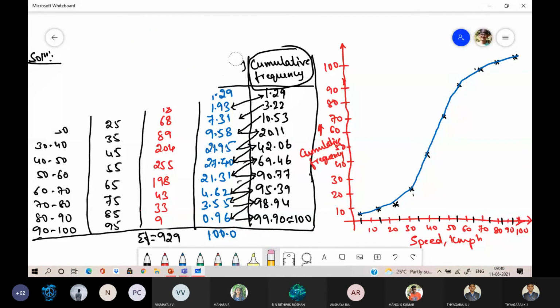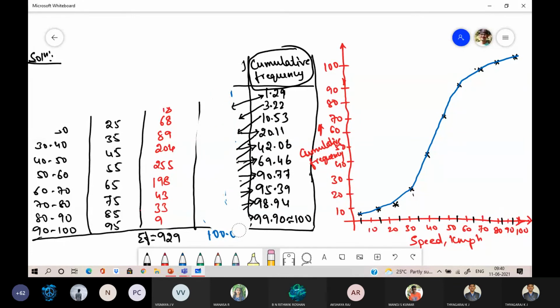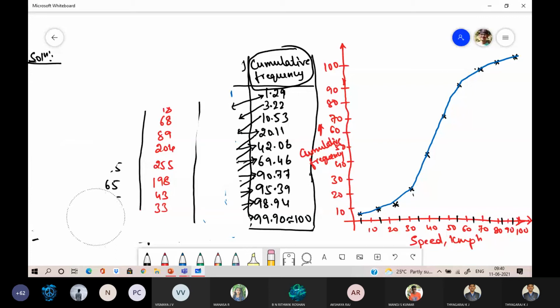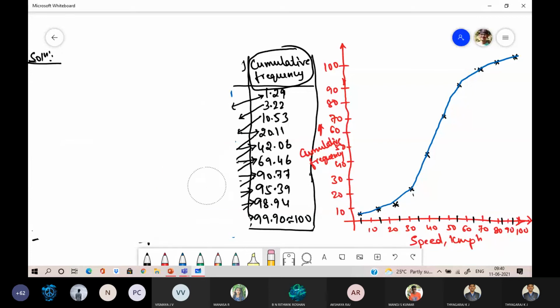I leave the cumulative frequency values as they are. After plotting, what is the first question they are asking? Upper and lower values. Upper speed limit.